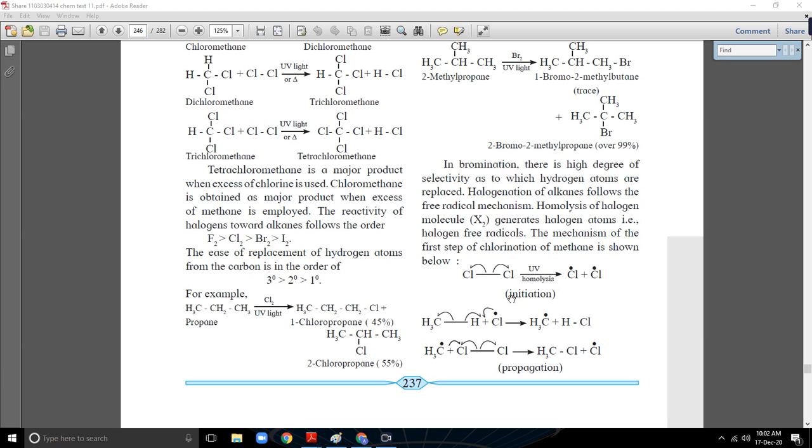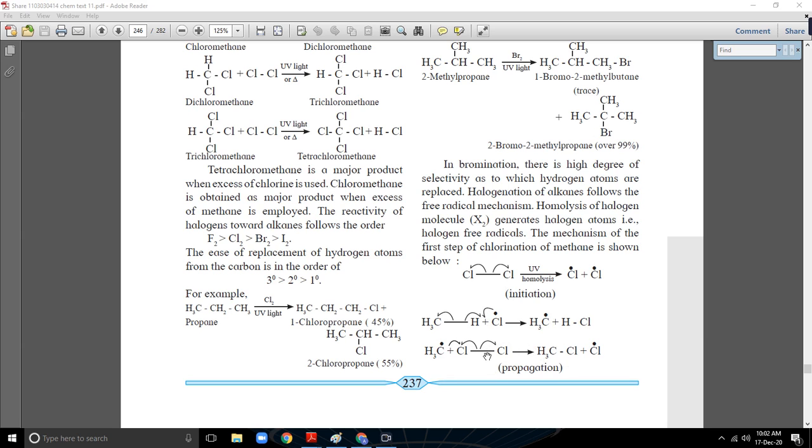Now the CH3, the bond between carbon and hydrogen breaks in this manner, and the hydrogen radical combines with chlorine forming HCl. The new radical which is formed is the methyl radical, CH3 dot. So this is the chain propagation reaction.